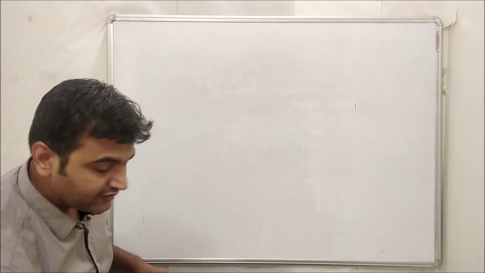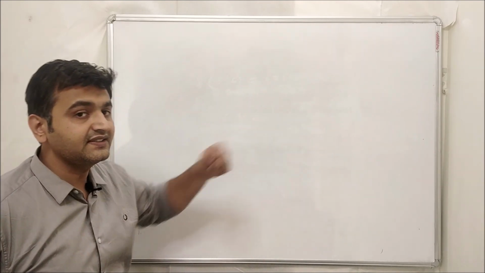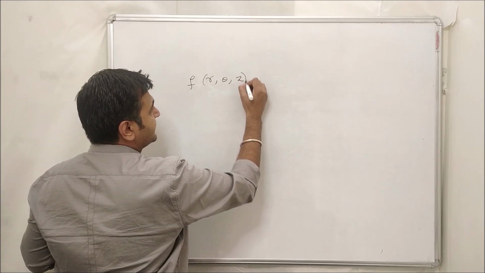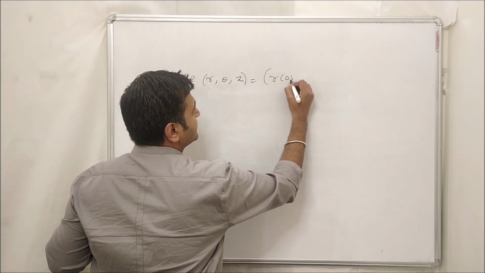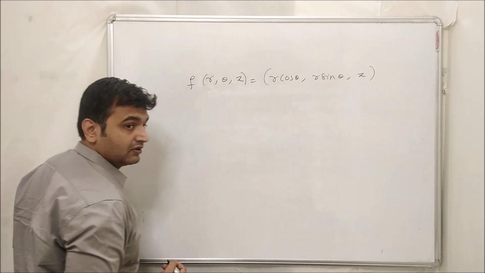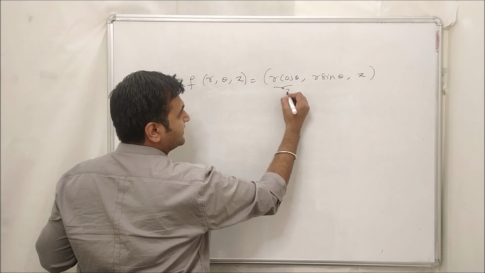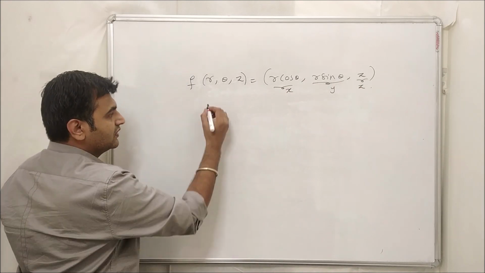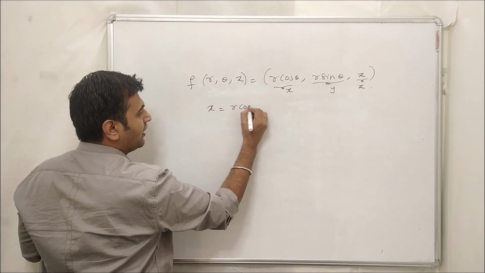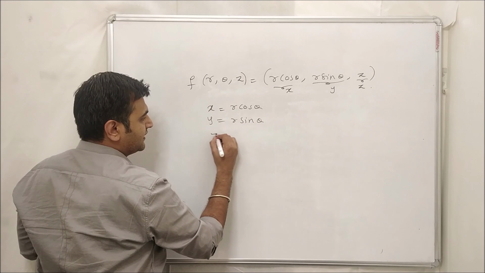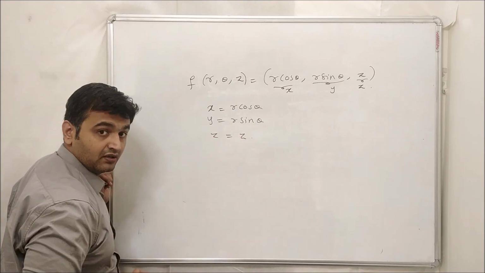What was the next thing you have seen? Usually after polar you see the cylindrical coordinates. So your f of r, theta, z is going to be r cos theta, r sin theta, z. Okay, so you call this your x, this your y, this your z. Your x is nothing but r cos theta, your y is r sin theta, and z is z.